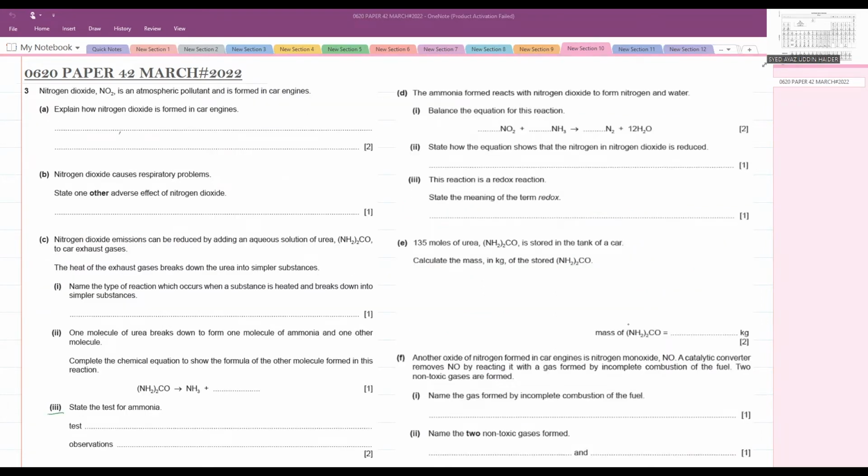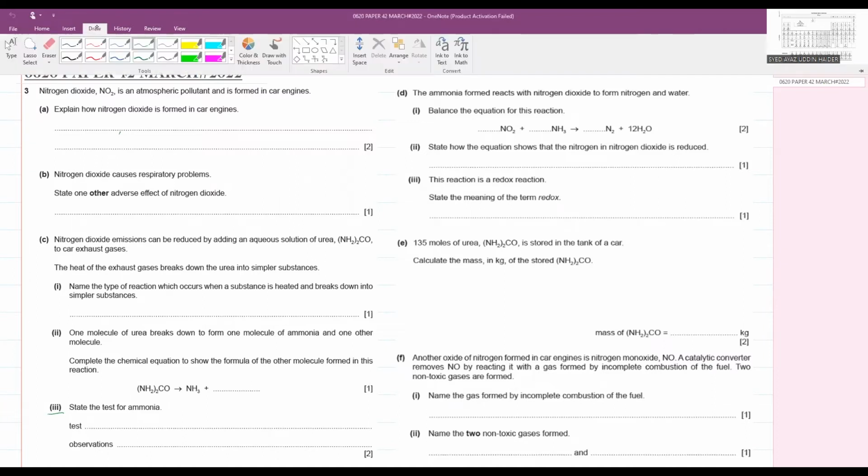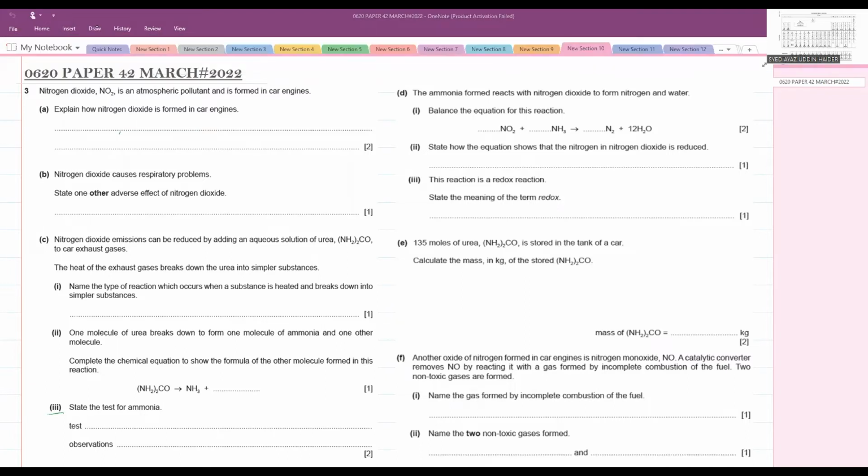Question 3 is about nitrogen dioxide. In part A, they want you to explain how nitrogen dioxide is produced in a car engine. In your answer, you have to mention both nitrogen and oxygen coming from air reacting due to high temperature.